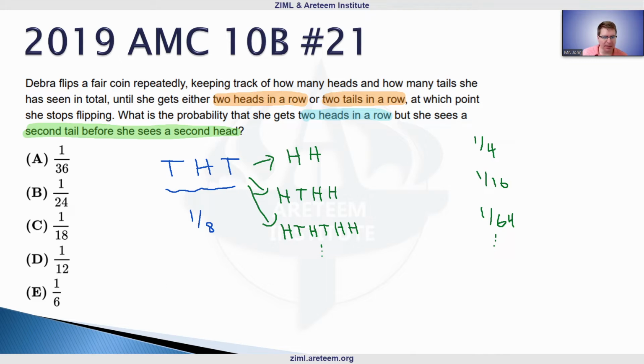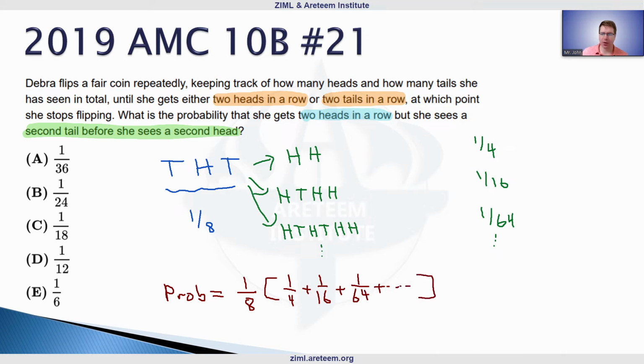So if we start calculating our probability here, don't forget our 1/8, so let me just keep that out in front. And then we have 1/4 plus 1/16. And pretty quickly we're seeing this is a geometric series. We have times 1/4 each time.